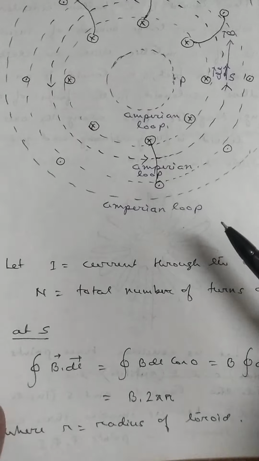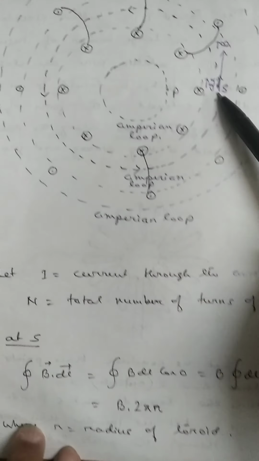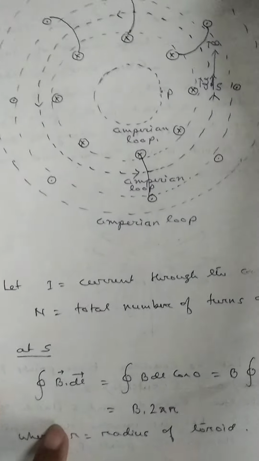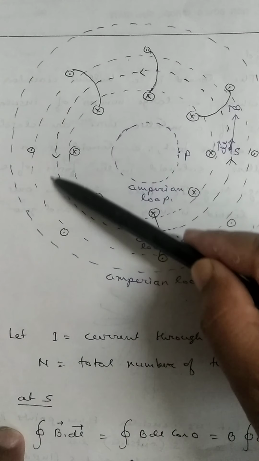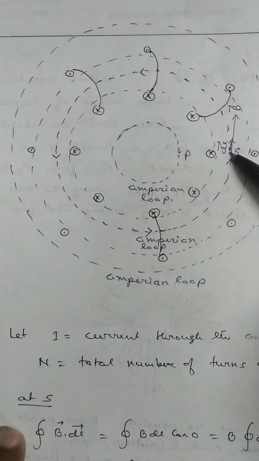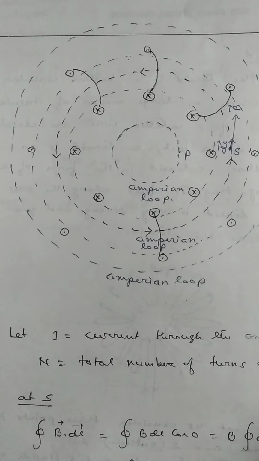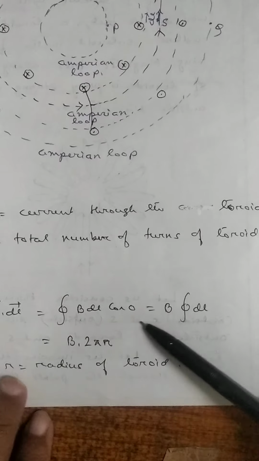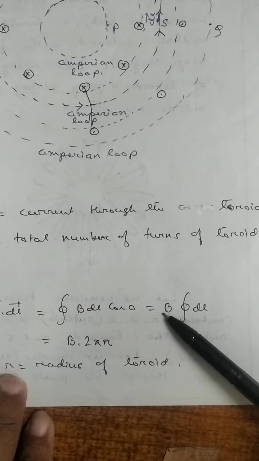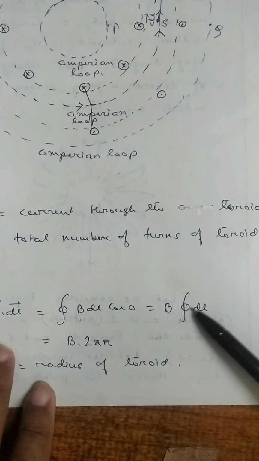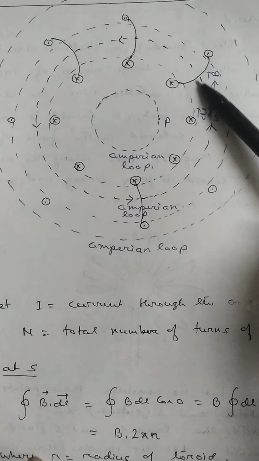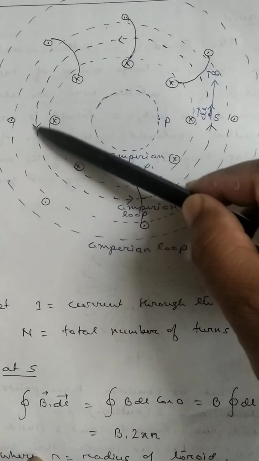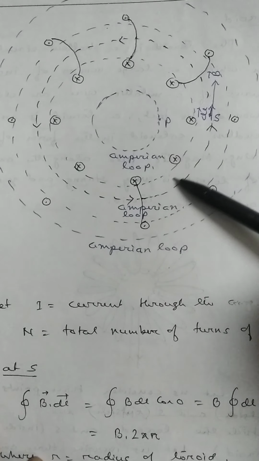At every point on the axis of the toroid, at every point on this Amperian loop, the value of B is constant. So therefore B is taken out of the integration. So what is the integration of dl? The integration of dl is nothing but the circumference of the Amperian loop.